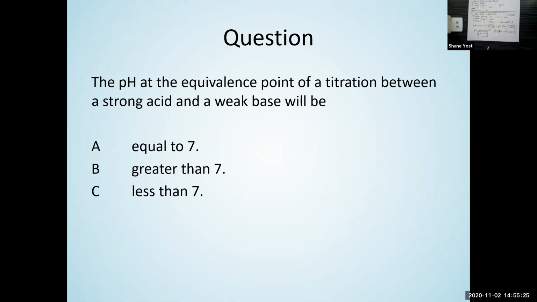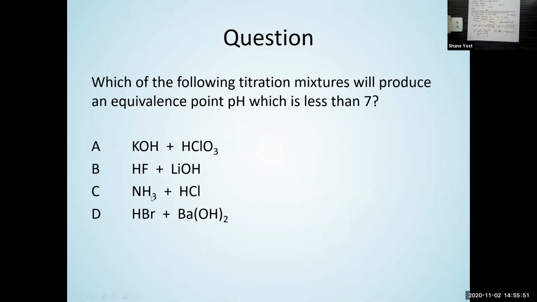So this is going to be the exact opposite of what happens with a weak acid, strong base. When I titrate a weak base with a strong acid, at equivalence point, that strong acid has reacted with all my weak base, and I'm just left with a weak acid, the conjugate acid to that weak base, in solution, and that will lower the pH. And so we see here, the pH will be less than 7.